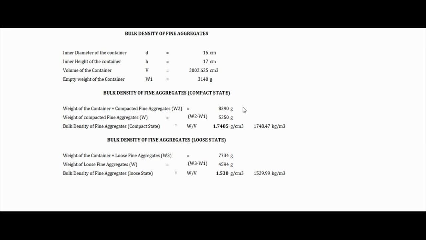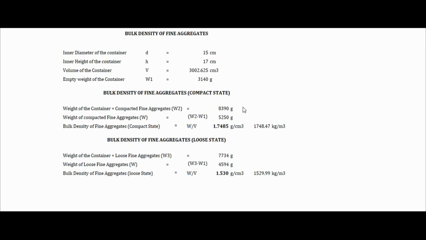With respect to the bulk density of fine aggregates in loose state, the weight of container plus loose fine aggregate, which is represented as W3, is noted as 7734 grams. Weight of loose fine aggregates is equal to W3 minus W1, that is 7734 minus 3140, which gives us a value of 4594 grams.